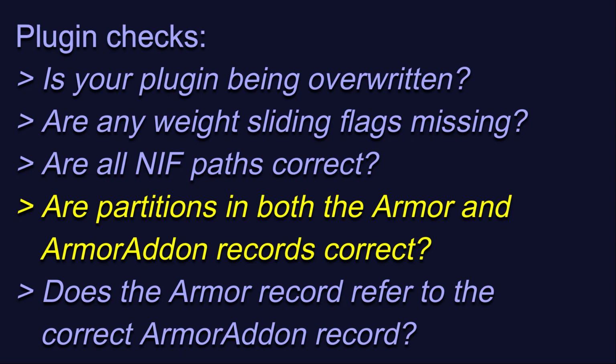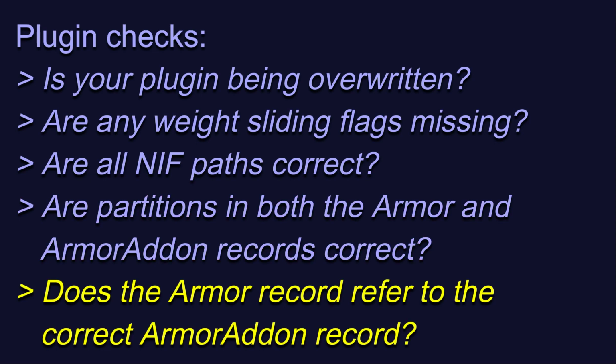Also, check the partitions in the Armor record of your plugin. There should typically be only one partition listed here, and this is the Equip slot. You cannot wear any other item at the same time as yours if it uses this same Equip slot. See video number 13 about partitions for more on that.